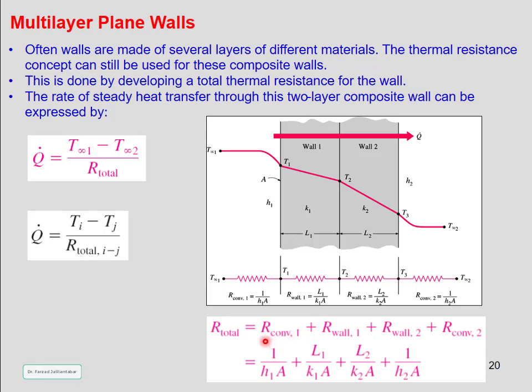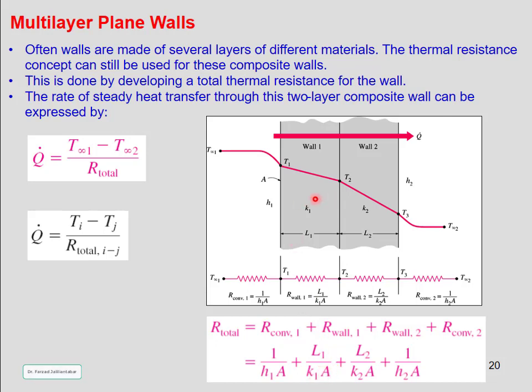Two of them are convection thermal resistances and two of them are conductive thermal resistances. According to previous slides, the convection thermal resistance for the surface at the left side of the wall, with the fluid at temperature T infinity 1, is this much, while the conductive thermal resistance for material 1 is L divided by K1A.